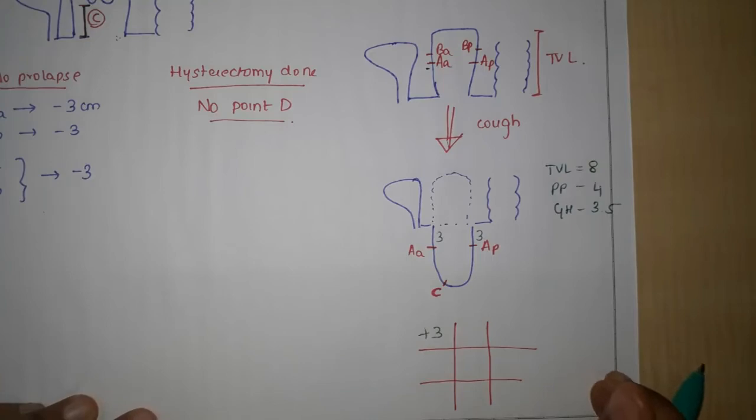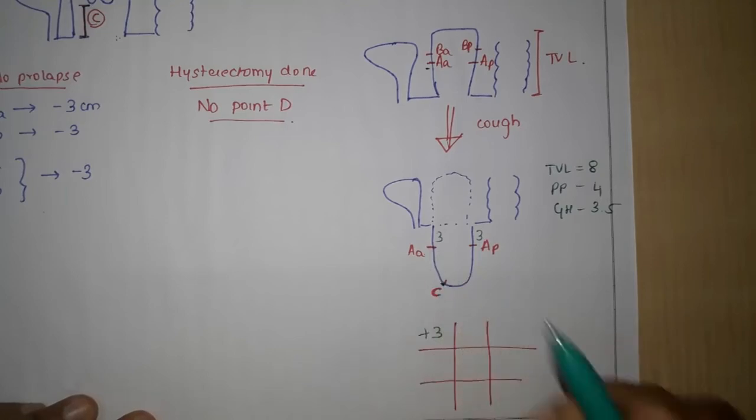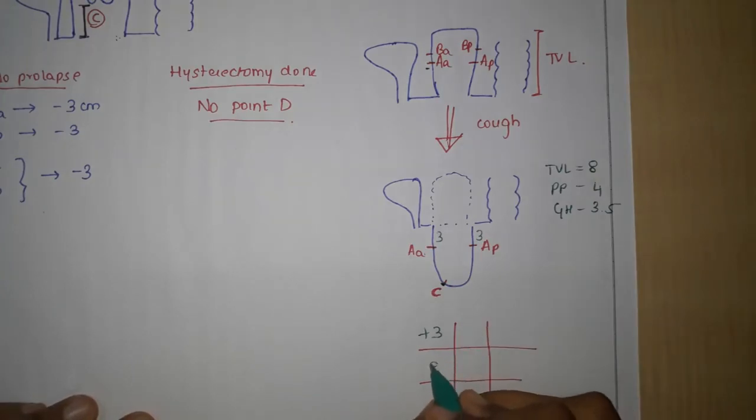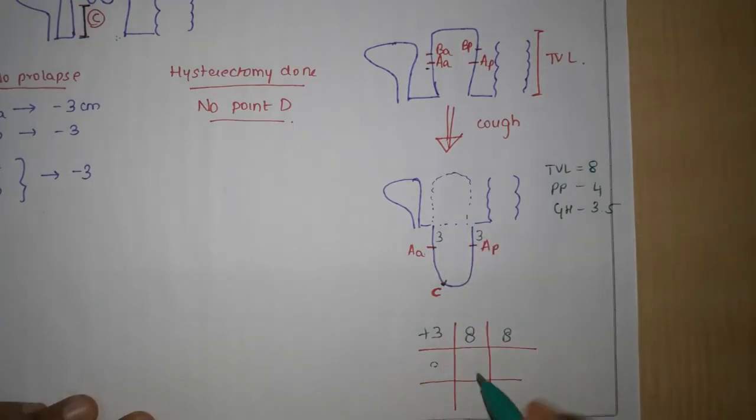The second box is BA. See, BA is somewhere here. This is the most leading point. So because it is the most leading point, it has completely come out. It will be around +8. Cervix is +8, completely come out.